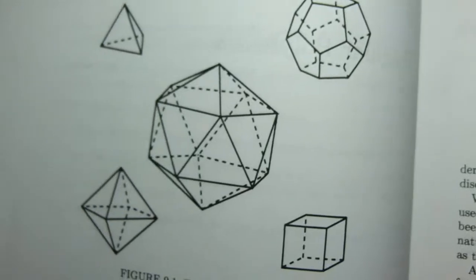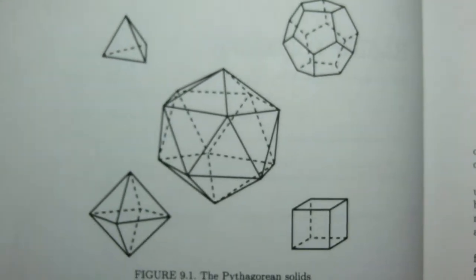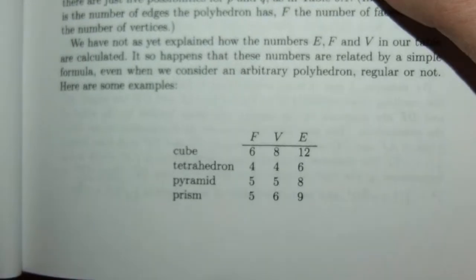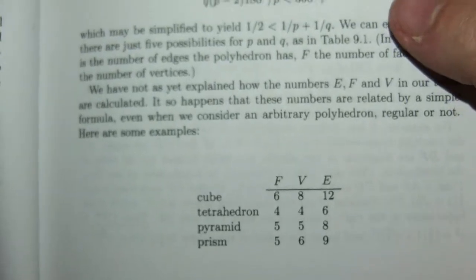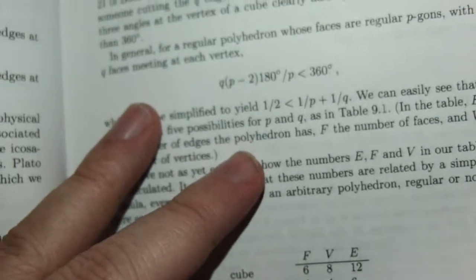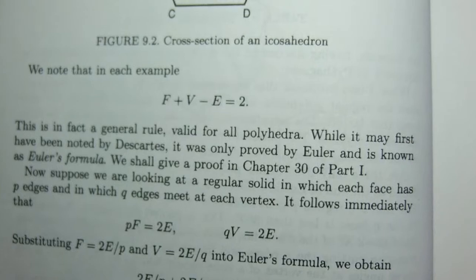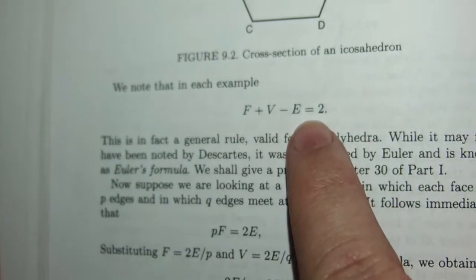So we went through and computed that for these Pythagorean or Platonic solids, and showed that they satisfied this relationship. We did this for the cube, tetrahedron, pyramid, and a prism, whether they were regular or not, to see if there's any kind of relationship between them. And we found that in every example, F plus V minus E was 2.